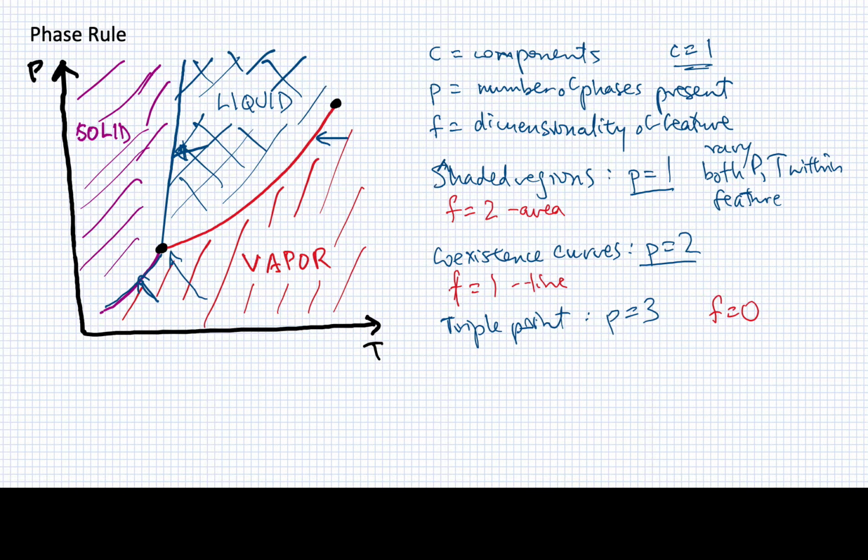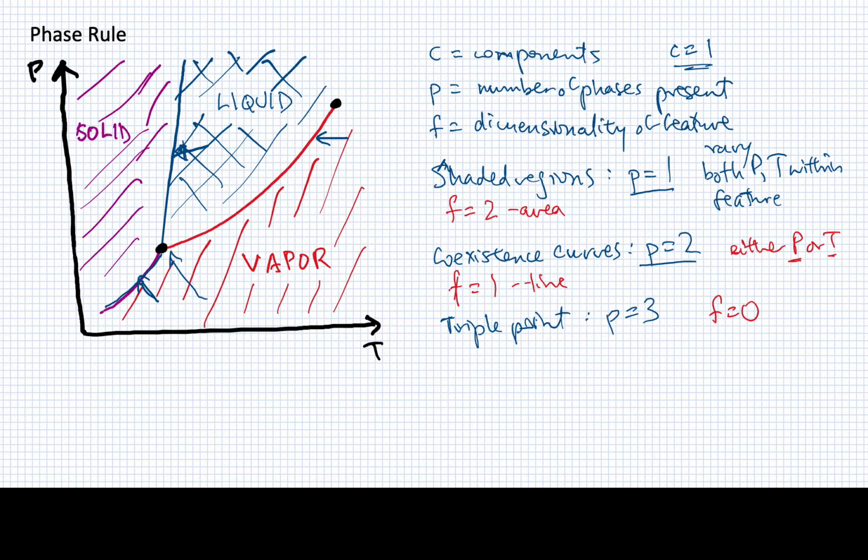I should have mentioned on the coexistence curve, I can vary either P or T, but I can't vary them both, because if I vary one, the other one is going to be completely fixed by staying on that curve. In the case of the triple point, I can't vary any of those, because as soon as I vary one of those parameters, pressure or temperature, I'm going to move away from the triple point. I'm no longer going to be in a region that features three different phases.